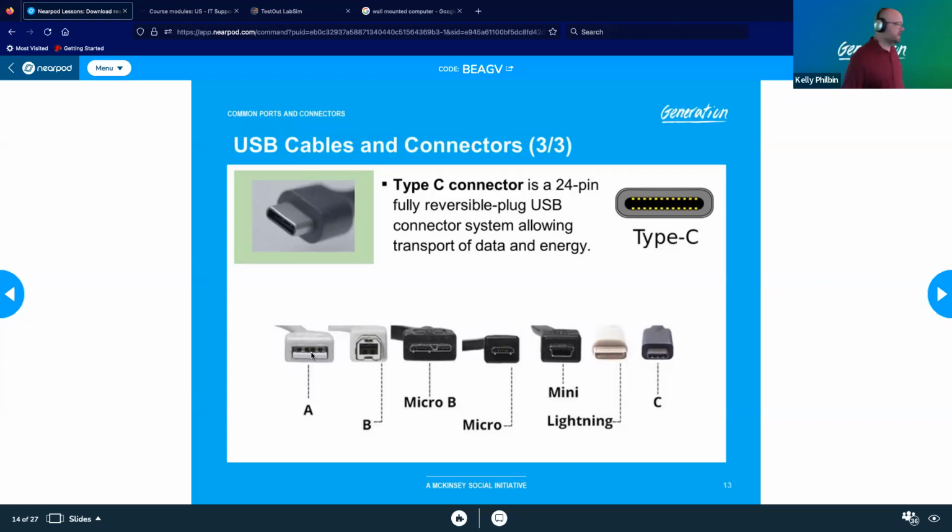So that's one of the unique identifiers, other than it being a much faster, more robust connection. And due to a lawsuit in Europe, likely the iPhone will be switching over to the USB-C pretty soon as well. So it basically will become the universal connector.